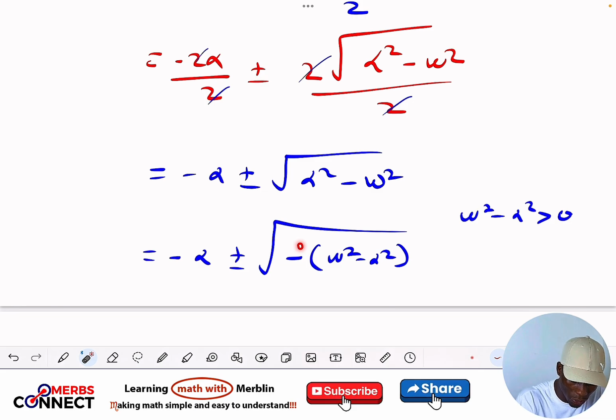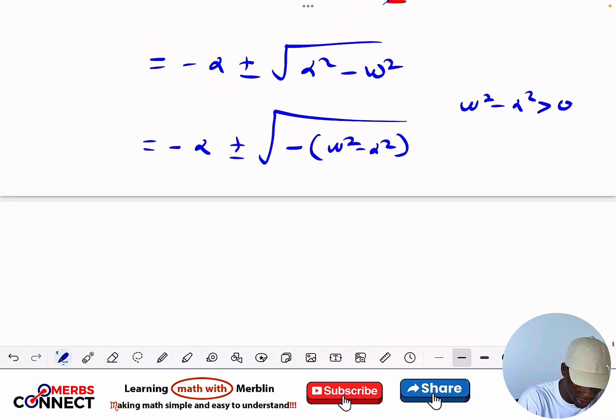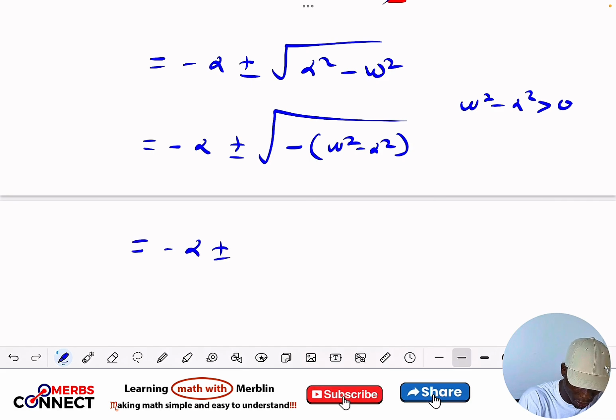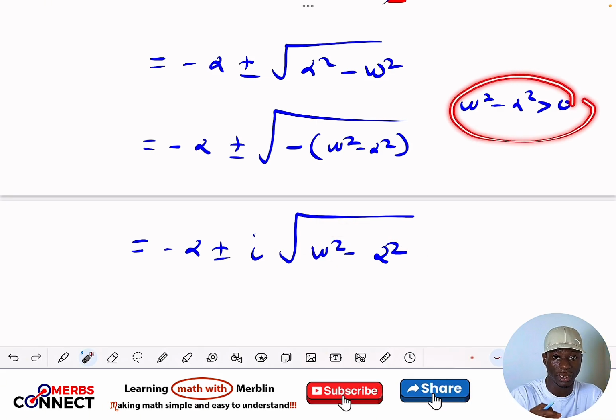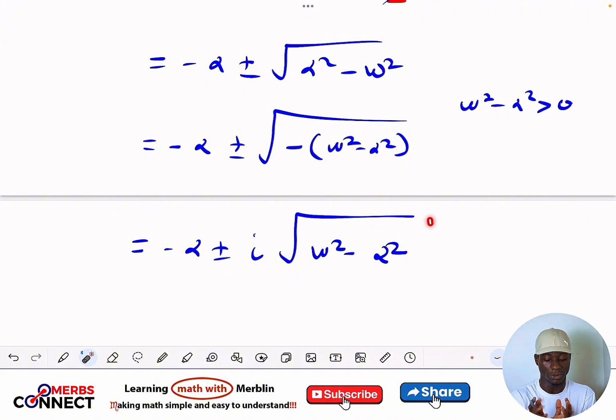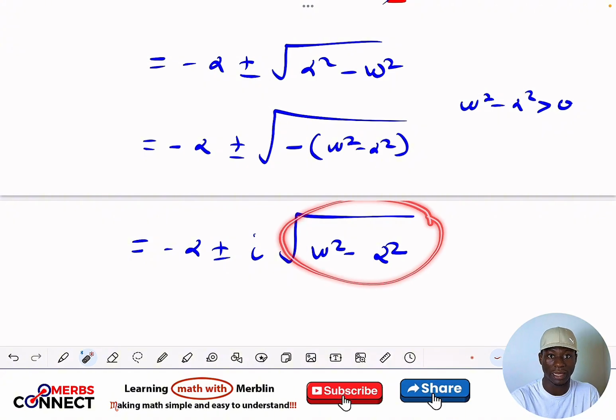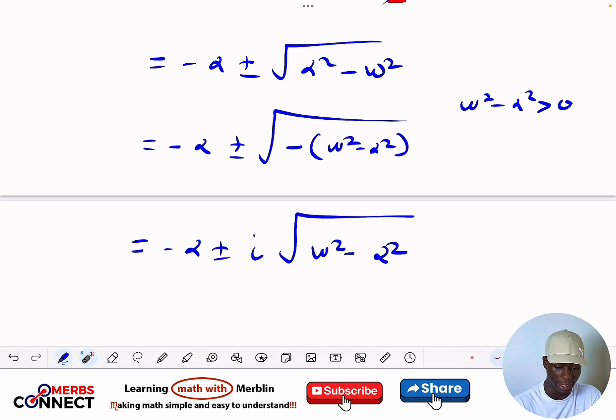Now we know that the square root of minus is i, so this gives us minus alpha plus or minus i times the square root of omega squared minus alpha squared. Since this one is positive, this one becomes a positive value, so there is no way this is going to give us a complex value again. That's basically what we get here.